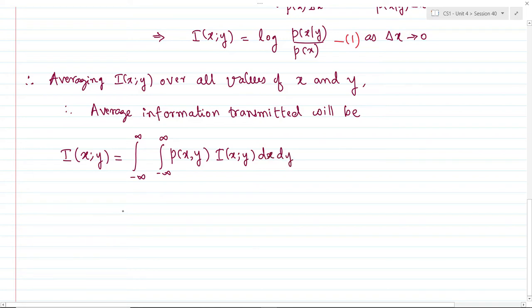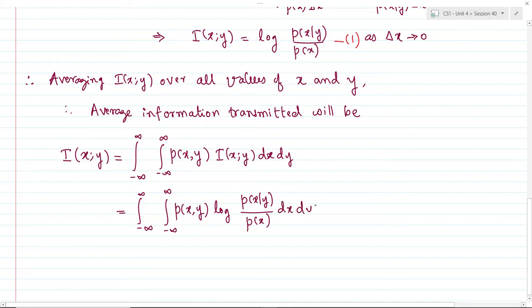Which can be substituted using equation 1, minus infinity to infinity P of xy, where we have defined I of xy as a logarithmic of P of x given y over probability of x, dx dy.